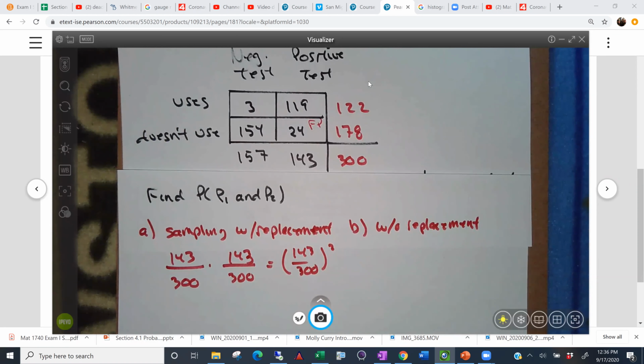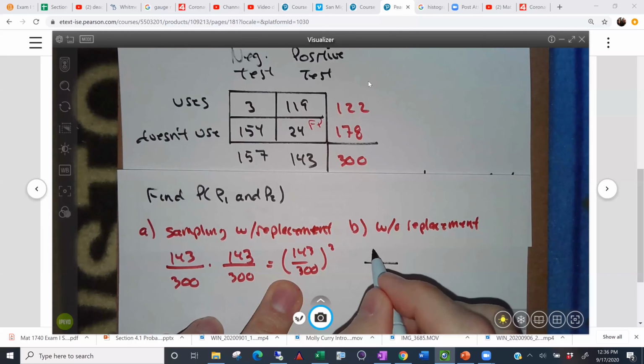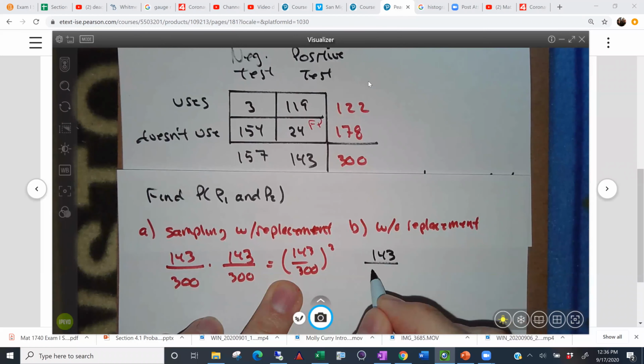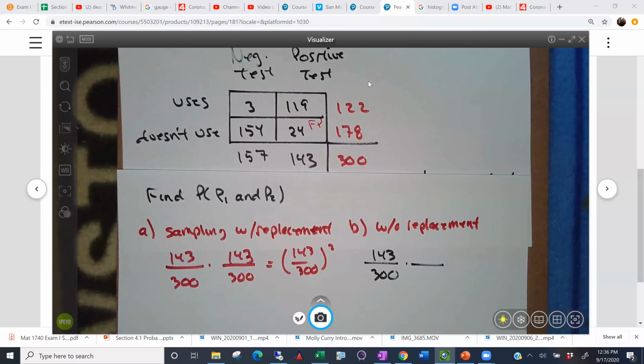All right. Let's work on sampling without replacement. So without replacement, the first choice still is 143 over 300. Someone I haven't heard from yet today want to give this one a shot?